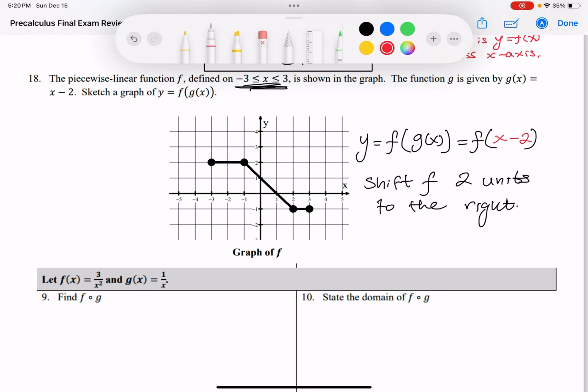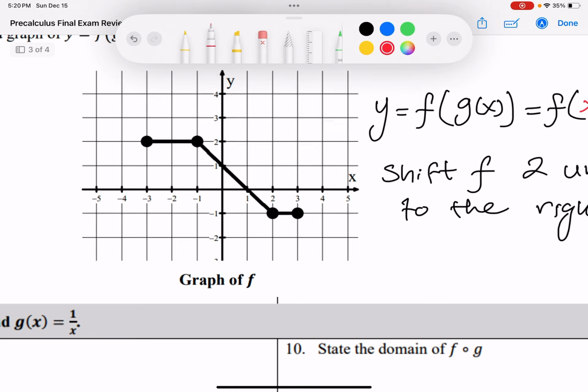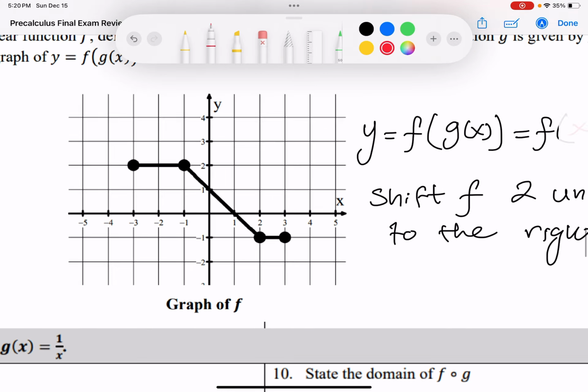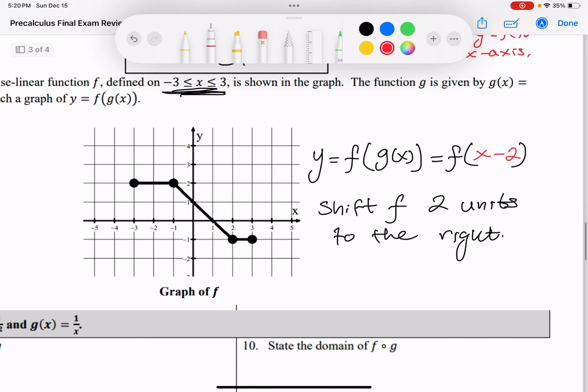We're going to shift every point on this graph 2 units to the right. I'm going to start at the bottom with the bottom set of coordinates and move 2 units to the right. Every point is going to move 2 units to the right. The point up here, shift that 2 units to the right. And then the last point, which is -3, 2, shift it 2 units to the right.